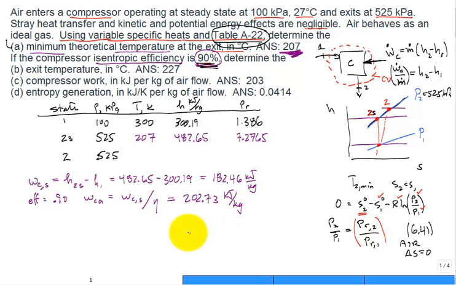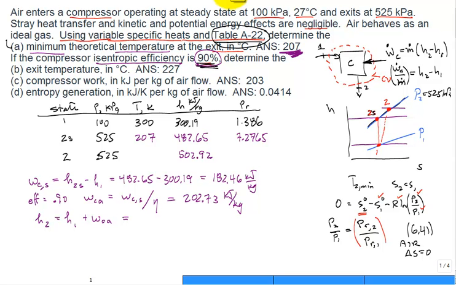All right. So to find the actual leaving enthalpy, it's the inlet enthalpy into the compressor plus the actual work added. So we find that this is, and I'm going to put it up here in the table, that it comes out at 502.92.